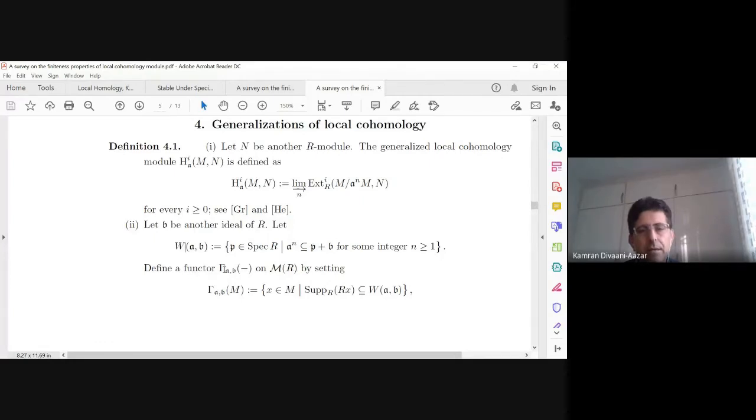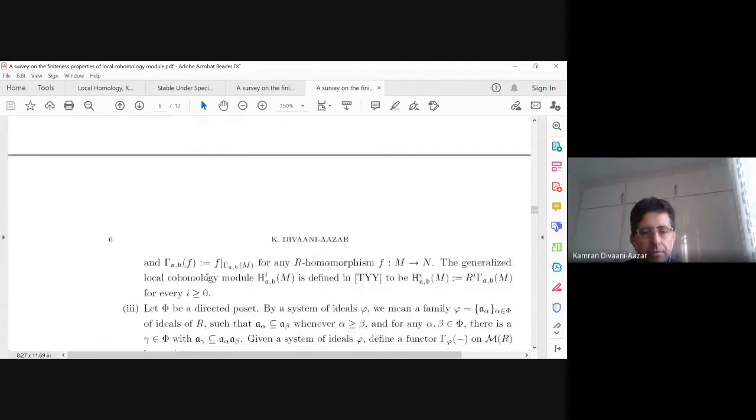First, define a functor Gamma_{A,B} on the category of R-modules by setting Gamma_{A,B}(M) to be those elements x in M such that their support is contained in this set W(A, B). Then we define Gamma_{A,B}(f) for any R-homomorphism f as the restriction of f to Gamma_{A,B}(M).